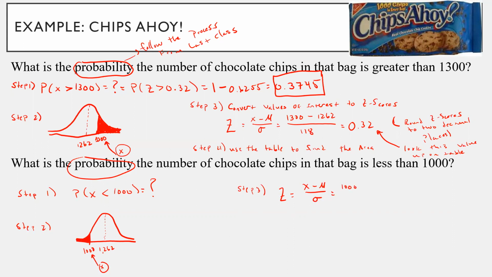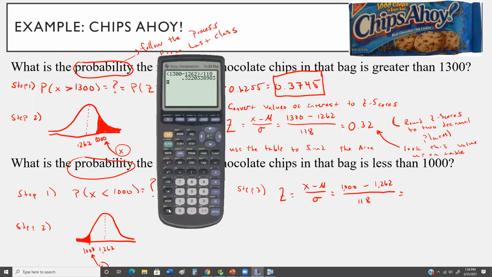So it's 1,000 minus the mean, which is 1,262, divided by the standard deviation of 118. So grab that trusty calculator. Always remember to put the numerator in parentheses. So it's 1,000 minus 1,262, close the parentheses, divided by 118. And this is what you get: negative 2.22.